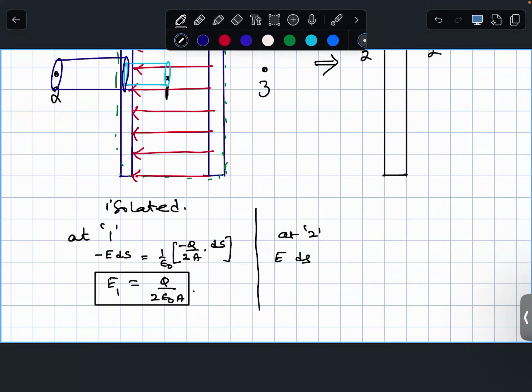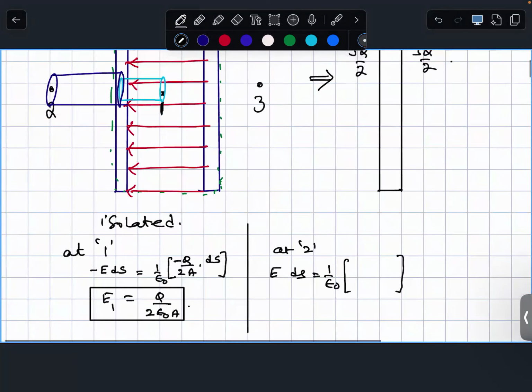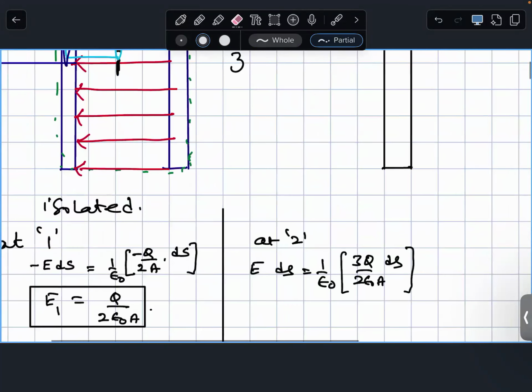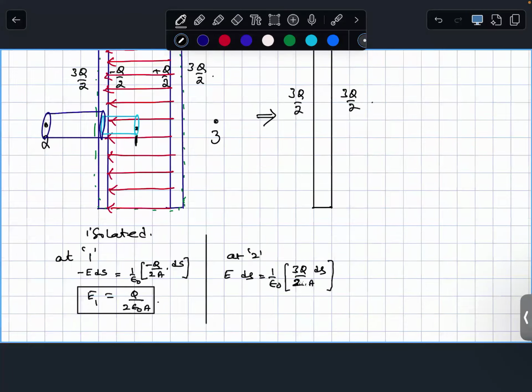EdS is equal to 1 by epsilon naught times the charge enclosed. Can someone please help me in writing the charge enclosed by this Gaussian cylinder? 3q by 2A times dS. So finally, epsilon naught. Right. Absolutely correct. Why do we require epsilon naught here? We require only 2. Right.